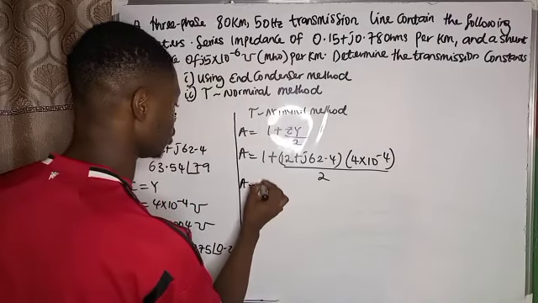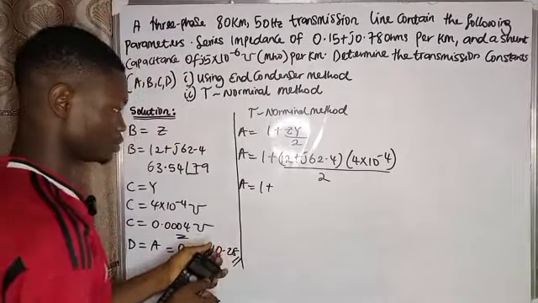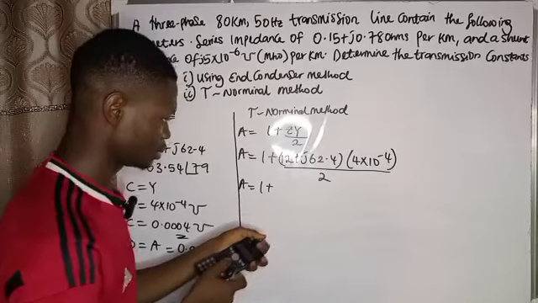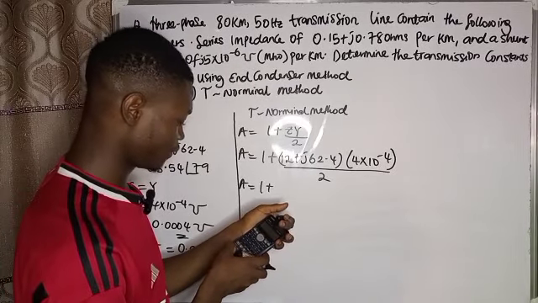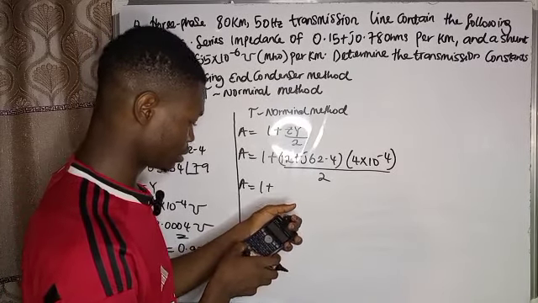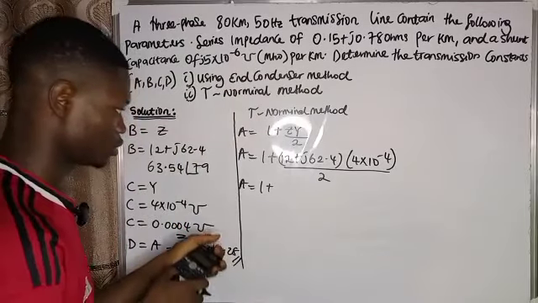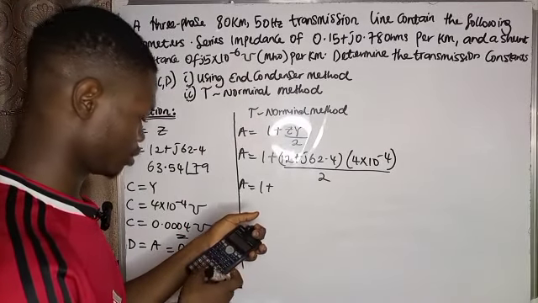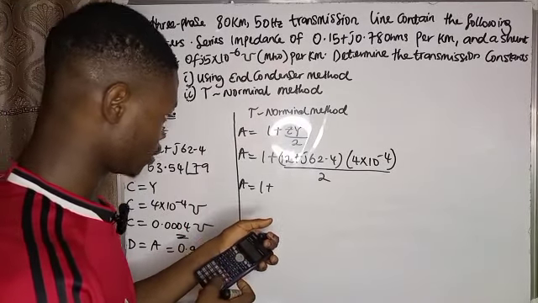So our A is equals to 1 plus, let's multiply, 12 times 4 will give me 48.